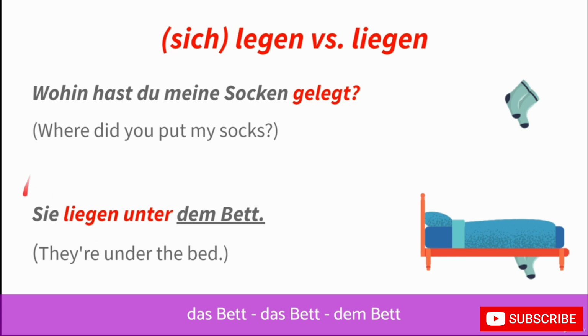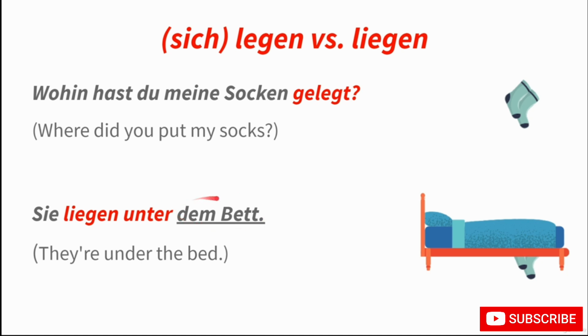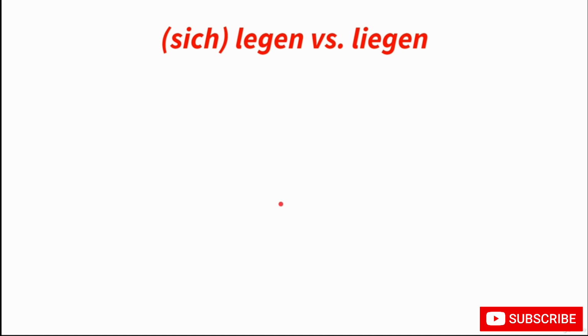These are two different examples. This one is not the answer of this one. Don't forget about that. When I say sie liegen unter dem Bett, then I'm giving location. That's why after the preposition, which is unter here, dative must be used.